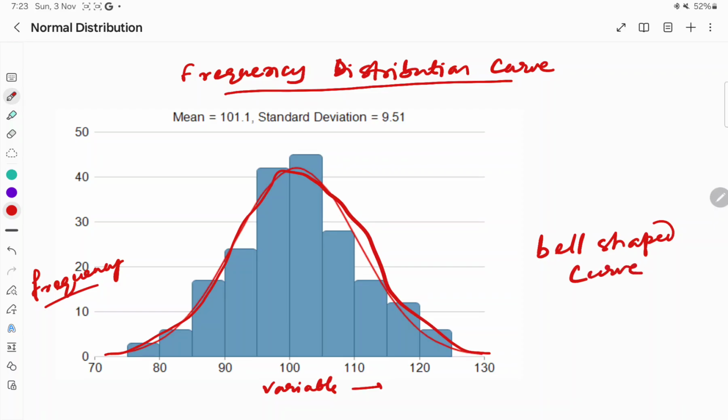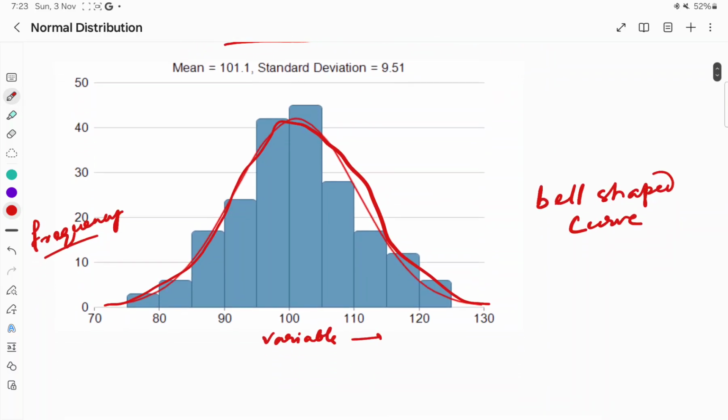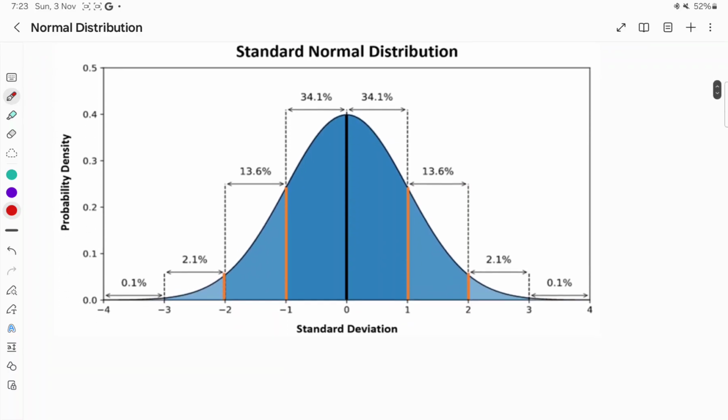So this type of curves are called distribution curves, and there can be many such types of frequency distribution curves, also called distribution functions, and one of them is the normal distribution.